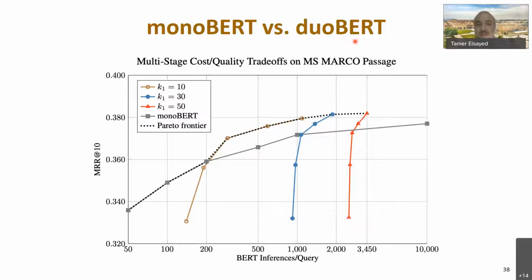We will estimate the time by how many times we use BERT for each, how many queries or examples we pass to BERT in both cases. Let's say that from BM25 I got 100 documents, so monoBERT will be applied on 100 documents. Give me just 1 second.